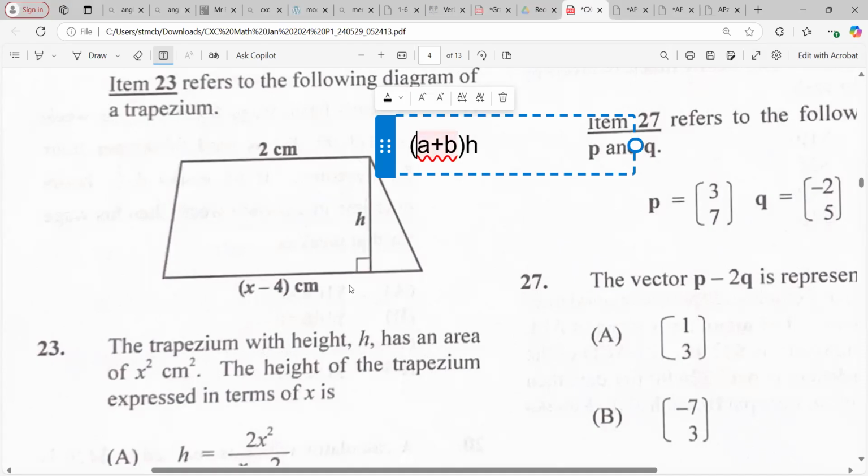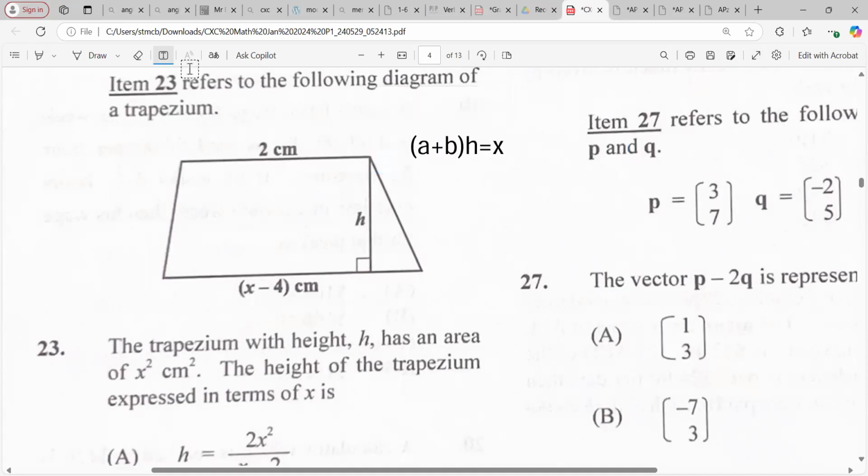And of course, we divide by 2, and that would equal x squared based on what they told us. All right, this is not going to work. Hold on, I'll switch back to this one. So this is the general formula of a plus b, and they said the area is x squared, and they want us to find h now.